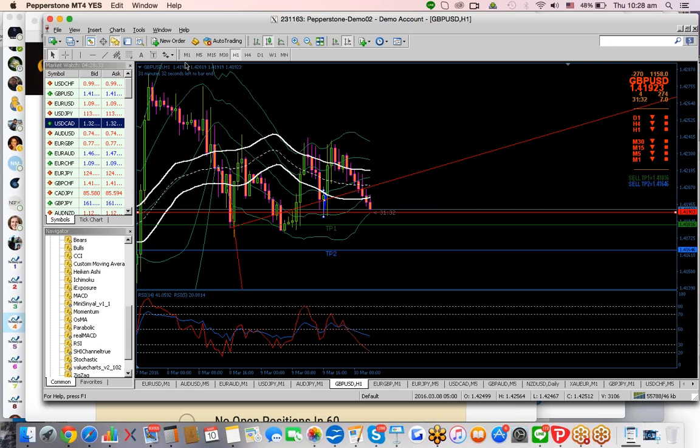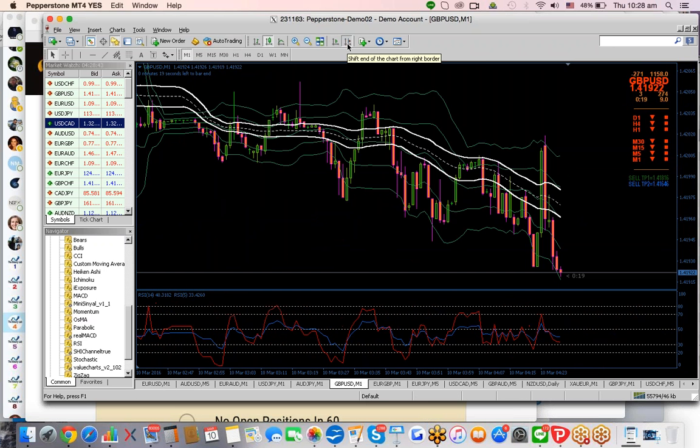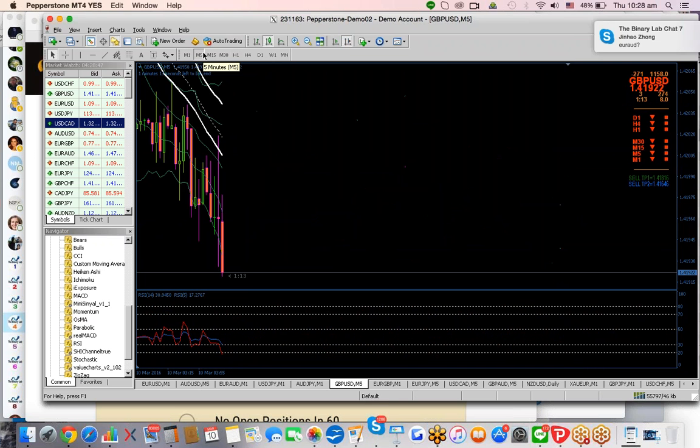Yeah, I'm looking at the different time frames, so then I might take in a different time frame. I cannot find any context to take this trade, and so therefore I won't.